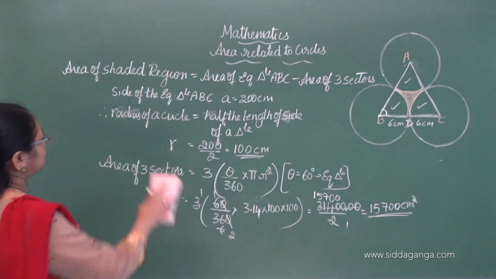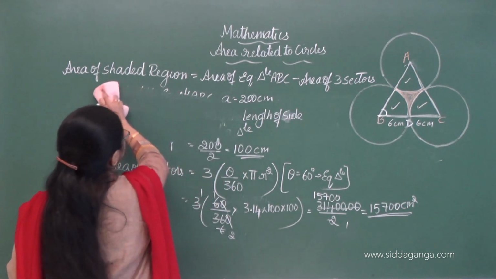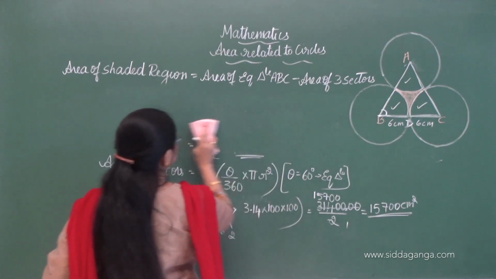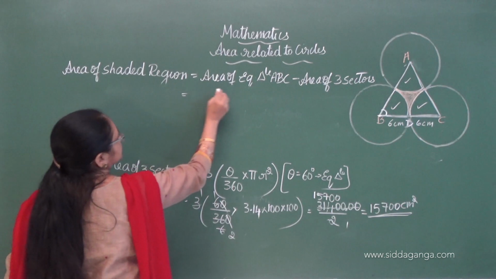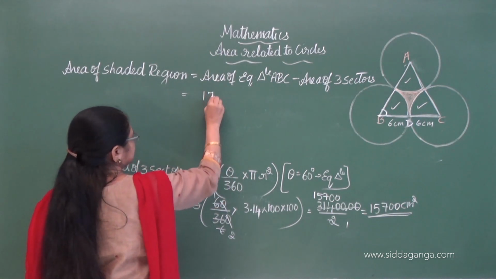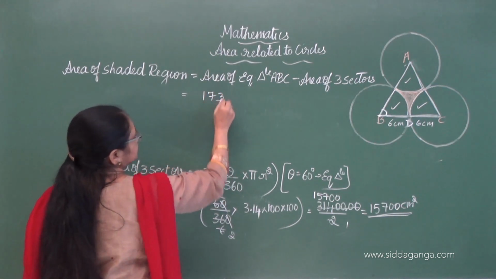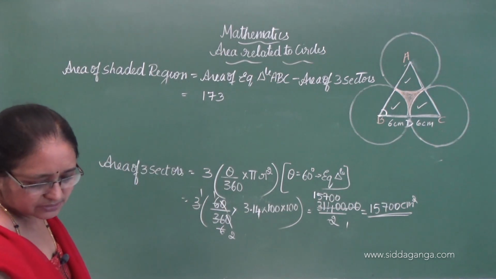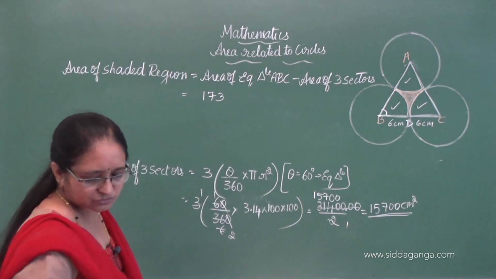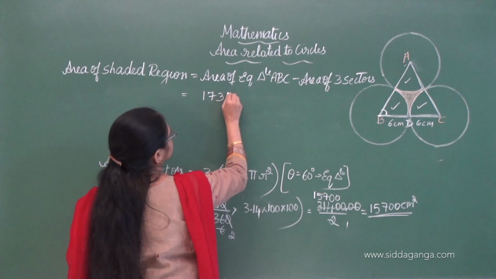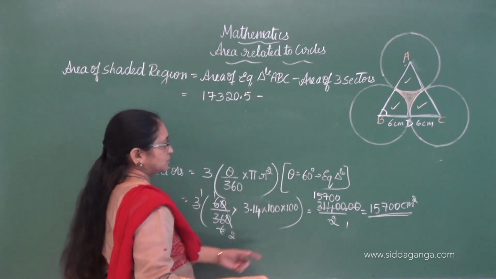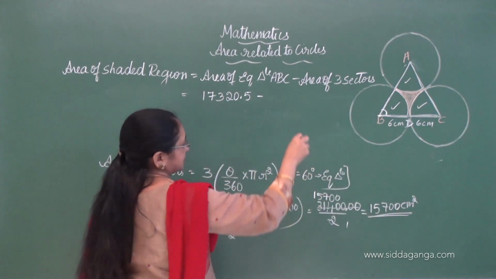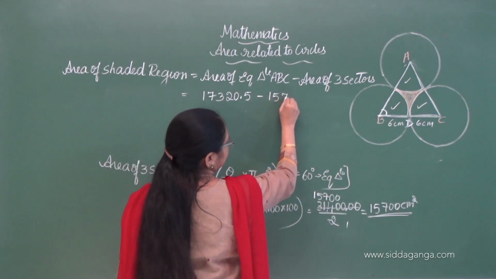Finally, the area of the shaded region. So the area of the shaded region is equal to the area of the equilateral triangle, which they have given as 17320.5, correct? Minus the area of the 3 sectors we got, 15,700.